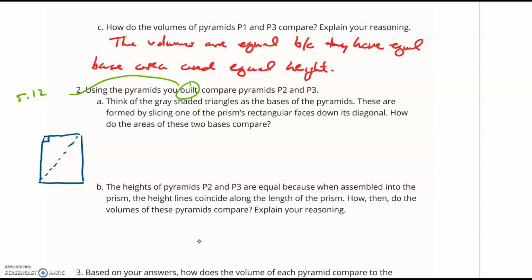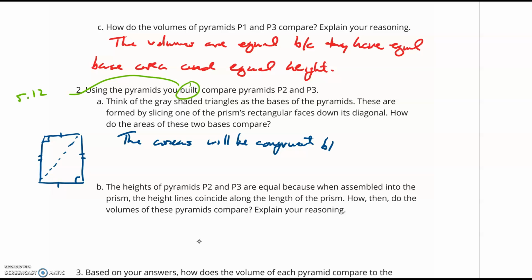Now, if this is a rectangle, remember that opposite sides are congruent, right? So what we're going to do here is create the areas when we slice this. The areas will be congruent. And how do we know that?